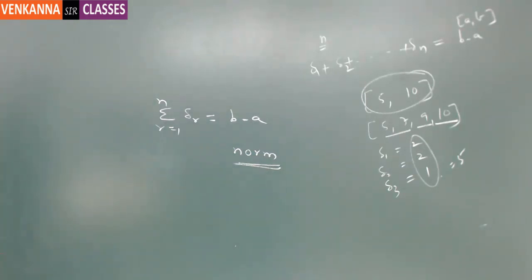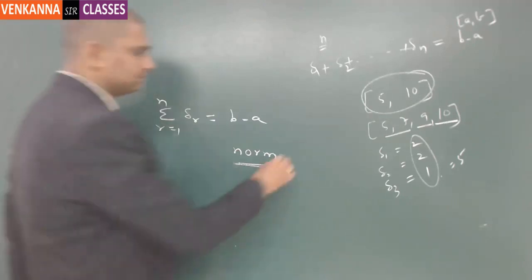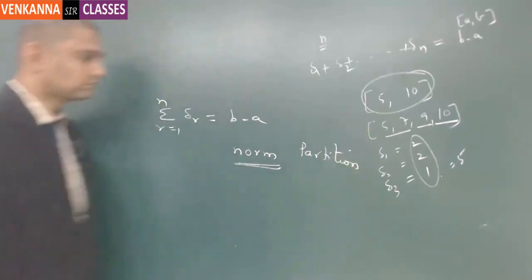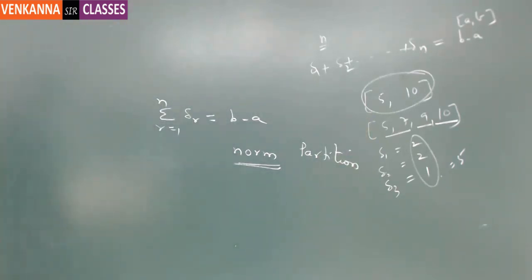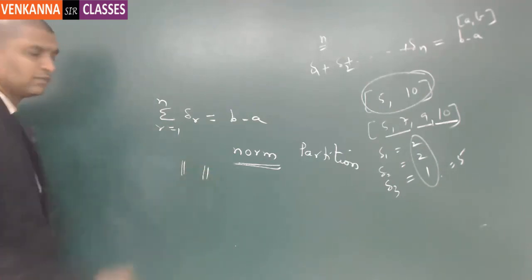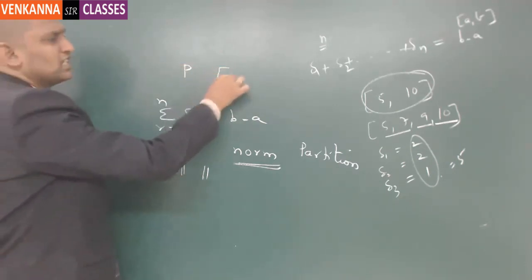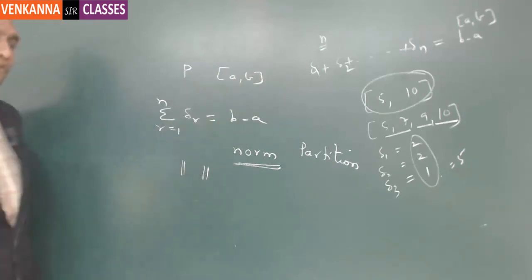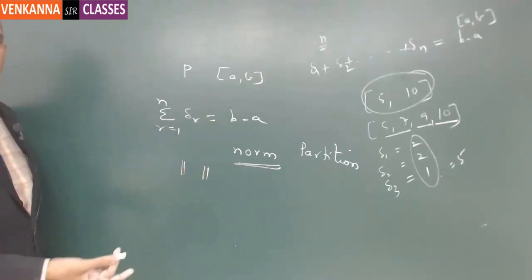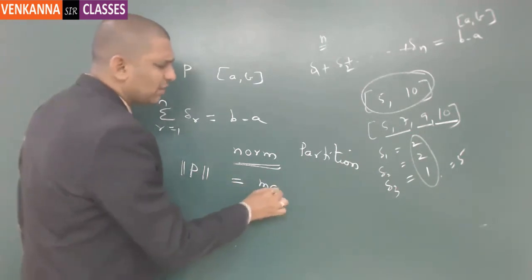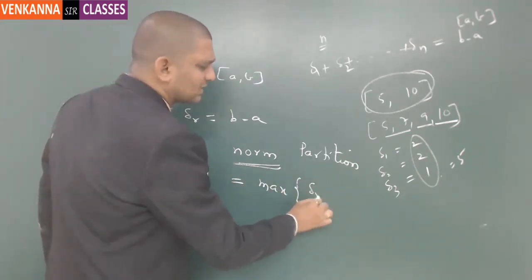What is meant by the norm of the partition? So norm is indicated with a symbol. Whenever you take a partition P on the closed interval AB, we say that the norm of the partition is denoted by norm P, and it is defined as the maximum among the subinterval lengths.